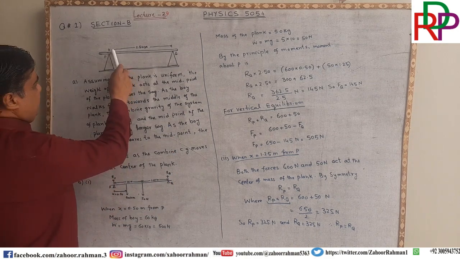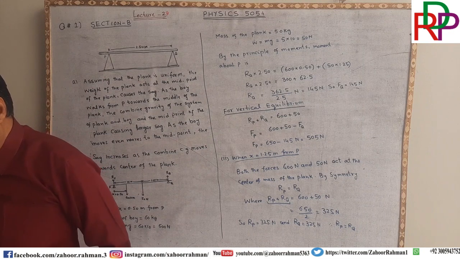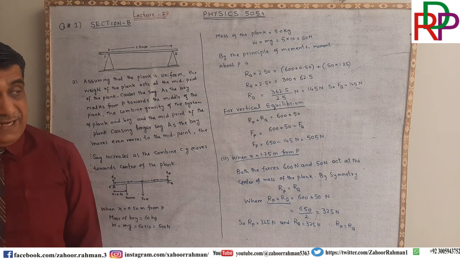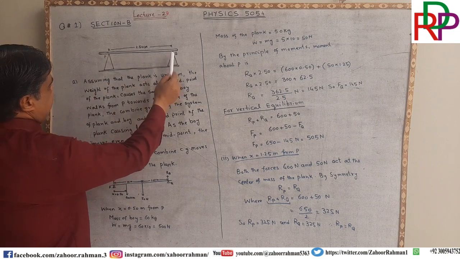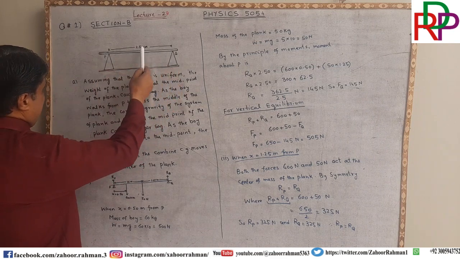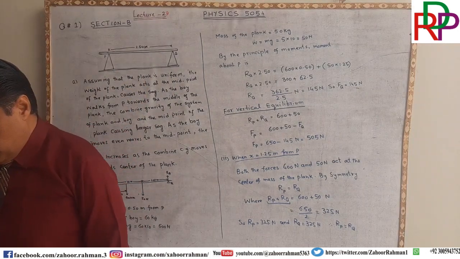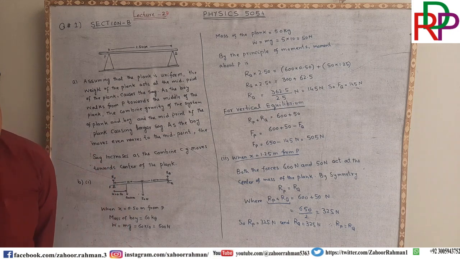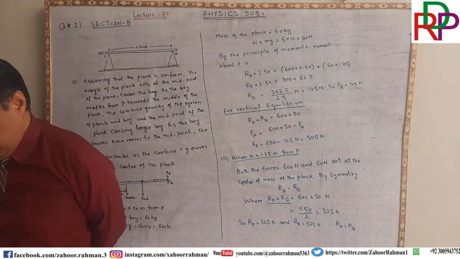So we are left only with 2.5 meter of the area, which is 3 meter, resting horizontally on two trestles P and Q. There are two trestles, one is P and the second one is Q. This plank of wood is resting on these two trestles, which are a distance of 2.50 meter apart, and you can see we wrote that 2.50 meter apart.